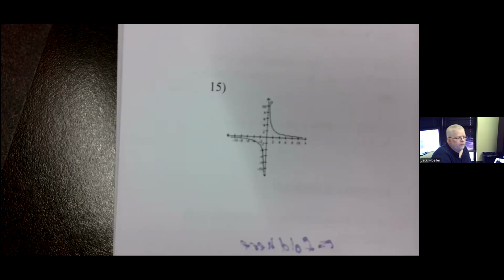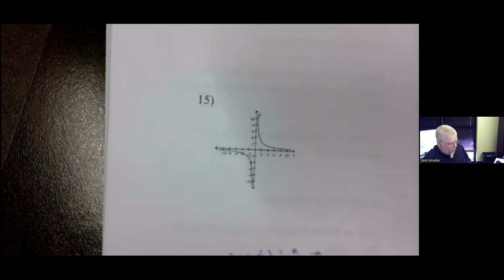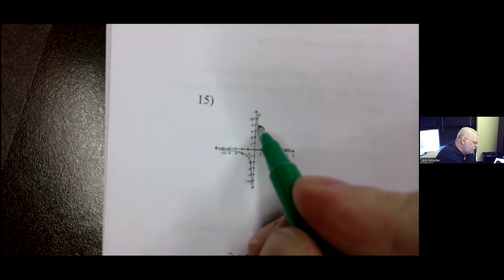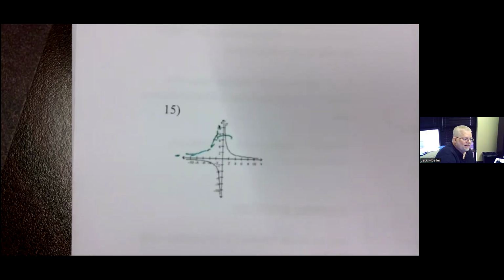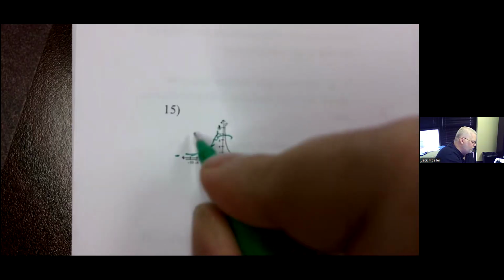Okay. So how about the next one? It doesn't matter which piece, top or bottom, just take half of it. If we take this and fold it across, we're going to get something like this, right? Is this even? No, because when we fold it over, there is no graph there.